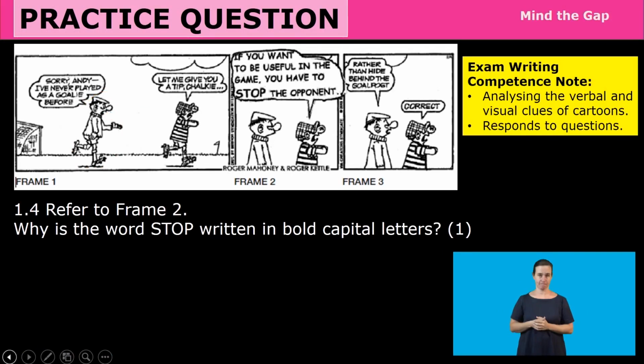Let's move on. Frame 2, question 1.4. Why is the word stop written in bold capital letters? So remember, we're locating ourselves in frame 2. So what is Andy saying? If you want to be useful in the game, you have to stop the opponent.